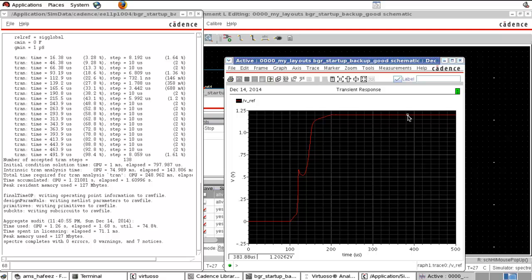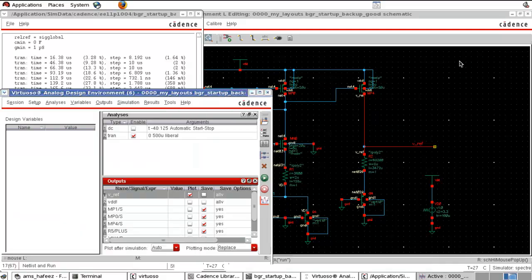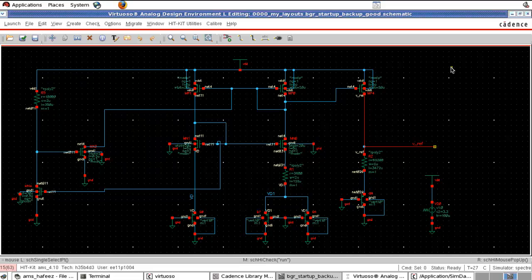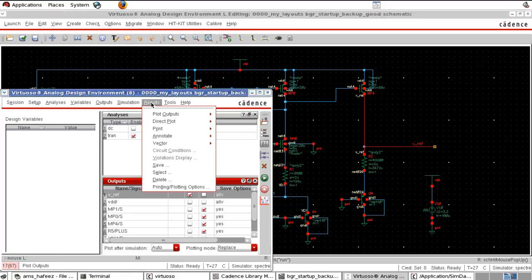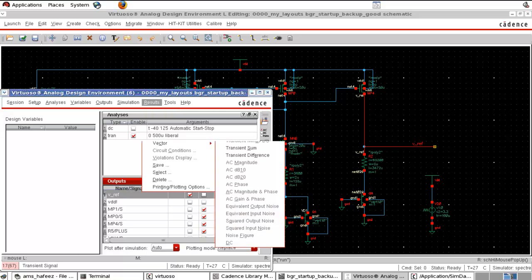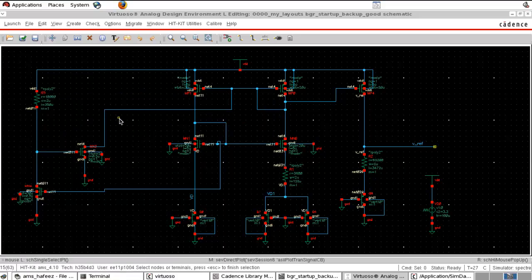The startup issue is solved. Initially the circuit was stuck at the zero current operating point. Now we disturb the zero current operating point with the help of the startup circuit, and we want to analyze the startup circuit: how much current is flowing, how much voltage is appearing in the nodes of the startup circuit. So first of all, we plot the current through this MOSFET.